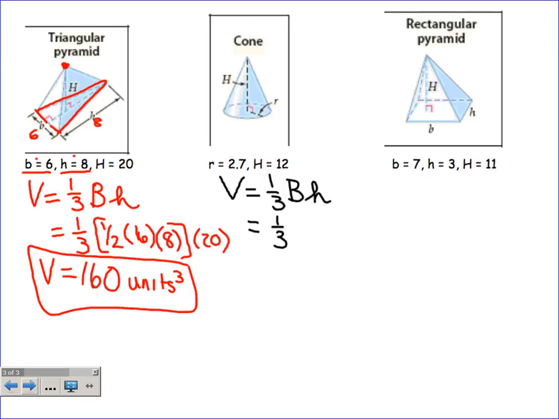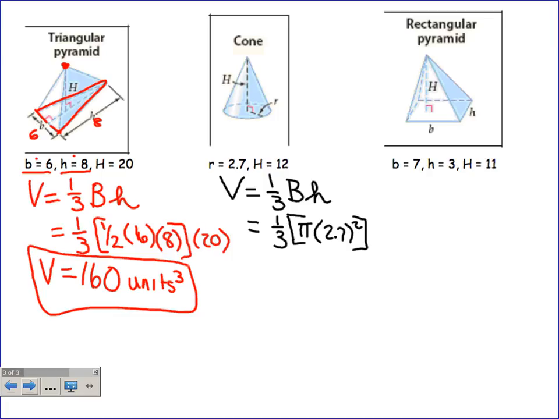How do we find the area of a circle? Area of a circle. Pi r squared. Here's pi. What's our radius? 2.7, so we're going to square that. People are getting really excited because they're getting close to the answer.